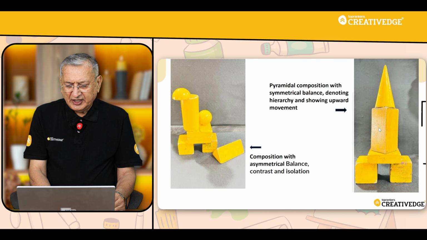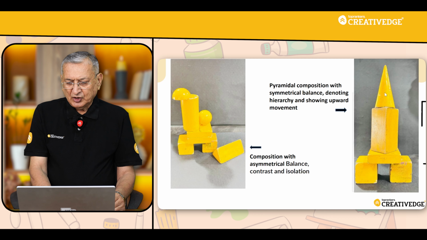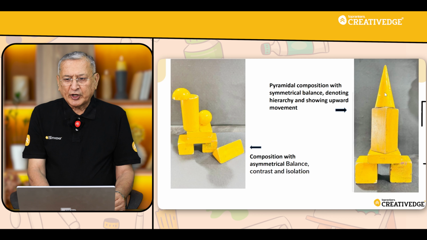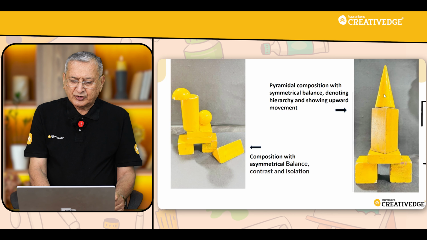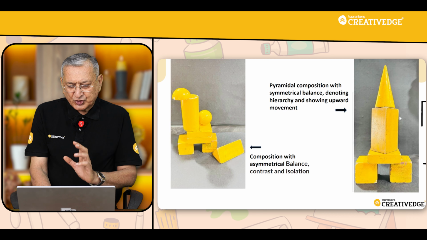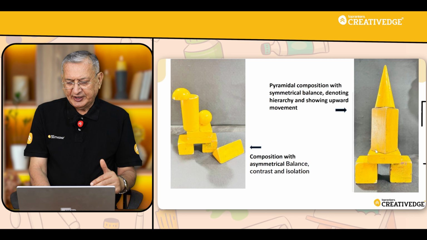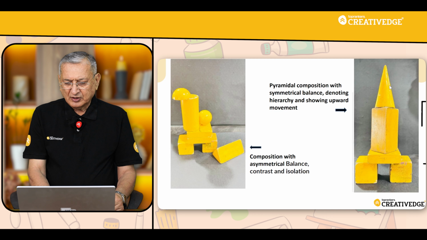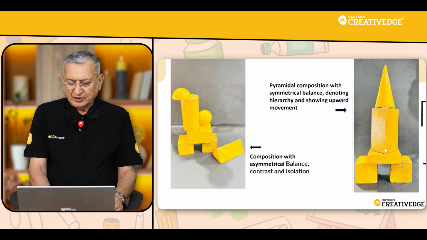So a hierarchy is achieved, and a pointing triangle, either with a cone or with a pyramid, also shows a movement. So a movement is shown in this arrangement. What are the 3 things that you catch from this picture? Hierarchy, bilaterally symmetrical balance, and an upward movement with the help of these blocks.